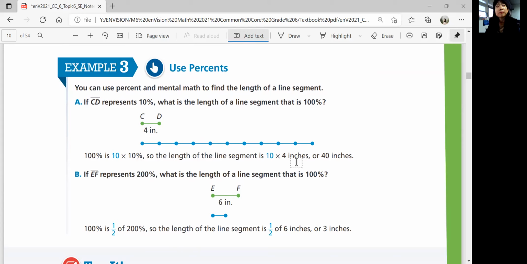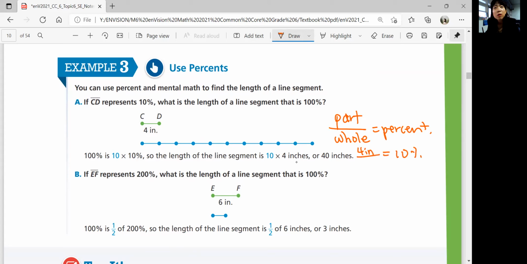You see that? It's always part out of the whole that makes the percentage. Your percent is 10%. Your part is 4 inches. So your whole, you don't know.